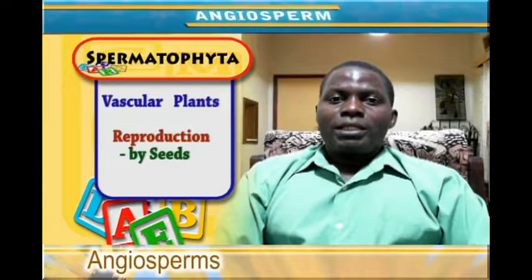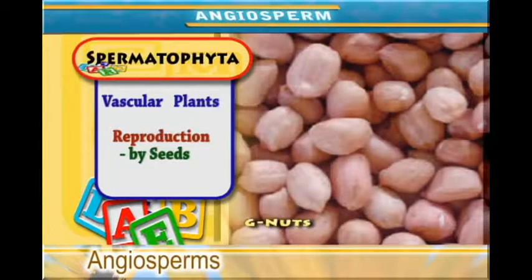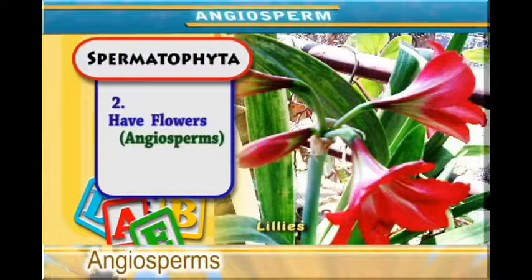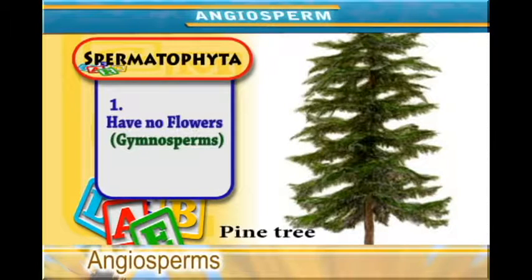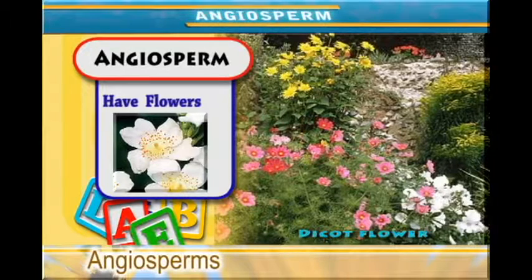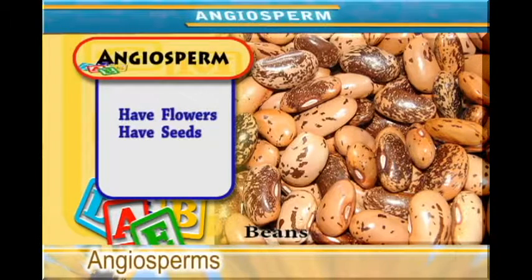Previously we saw that angiosperms come from the spermatophytes, which are seed-bearing plants, and the spermatophytes are divided into two groups: the angiosperms, which have flowers, and the gymnosperms, which have no flowers. When we come back to angiosperms, we have seen that they have flowers and they also have seeds.